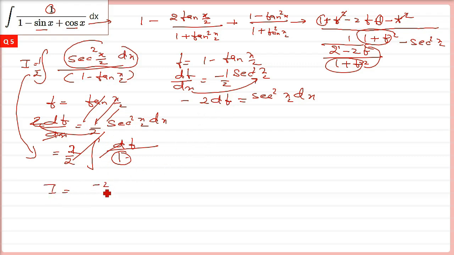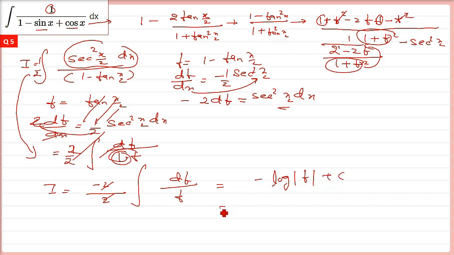If you take 1 minus tan x by 2 instead of tan x by 2 as t, now this sec square x by 2 dx is negative 2 dt, negative 2 we have taken outside, it is dt. Now I tried to do this, but I stopped in between just to show you what problems we face. Now when we take 1 minus tan x by 2, it is simply t, and dt by t has a direct integration which is log, which is ln, log base e, modulus of t, 2 gets cancelled, you have negative outside.